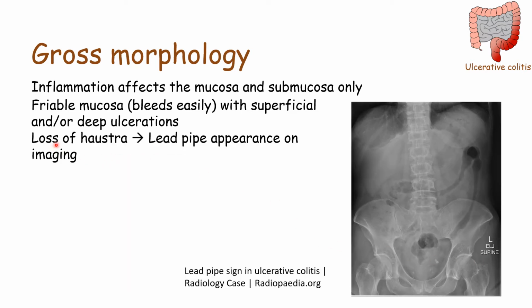Like I said, we have loss of haustra, leading to a lead pipe appearance on imaging. Here we have the large bowel, the descending colon here. You can really see how it just looks like a continuous pipe, like a lead pipe, and there's the loss of haustra.